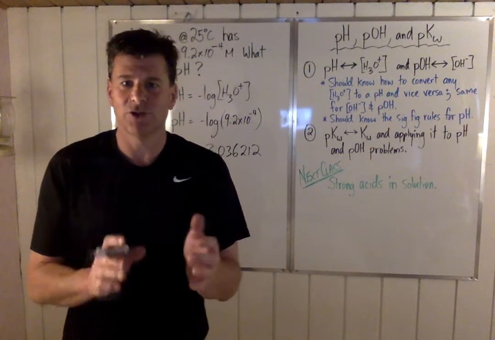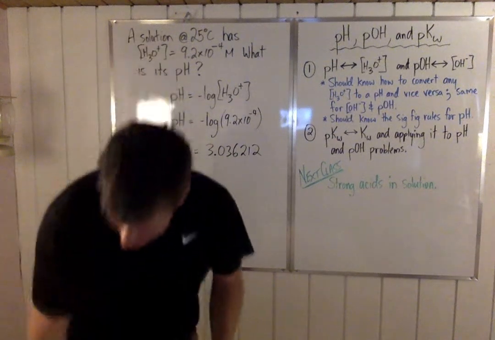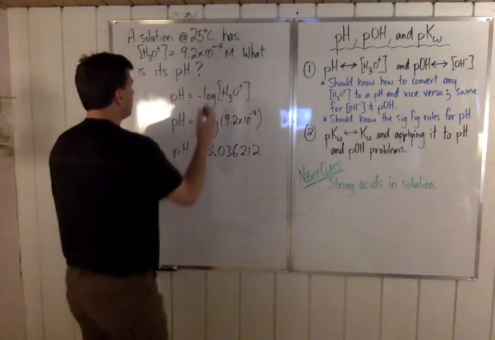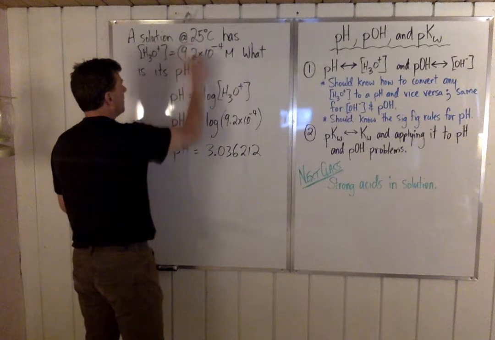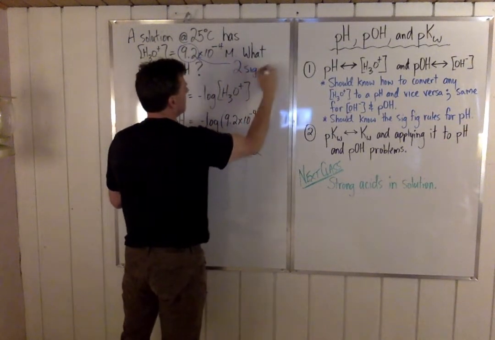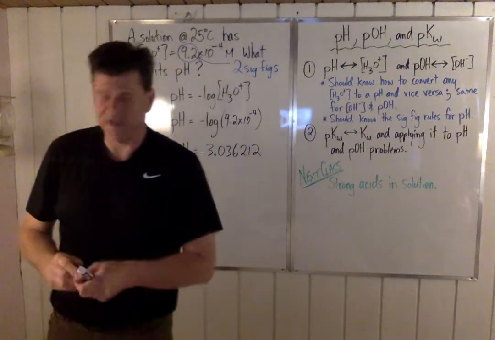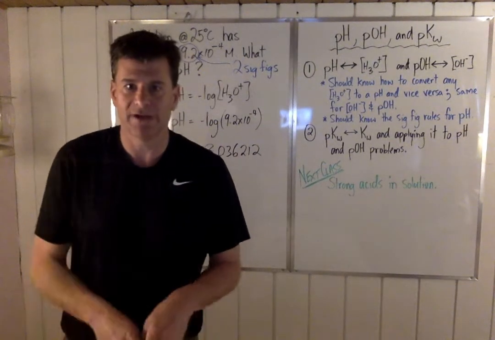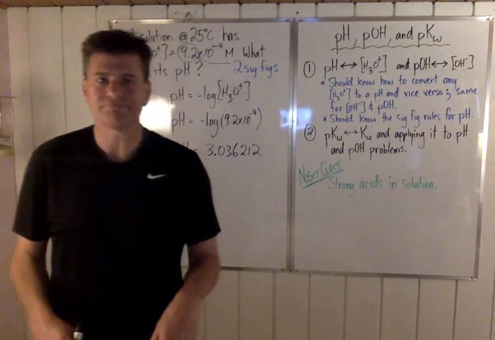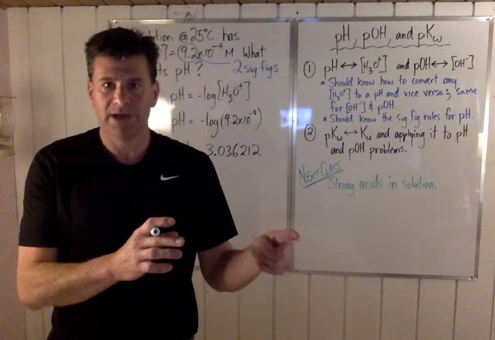The 9 and the 2 are both significant. It has 2 sig figs. That's what that value has. So I'm going to write that down. So this right there has 2 sig figs. It's a molarity. It's what you did for grade 11 and up to this point in grade 12. We convert it to a pH.